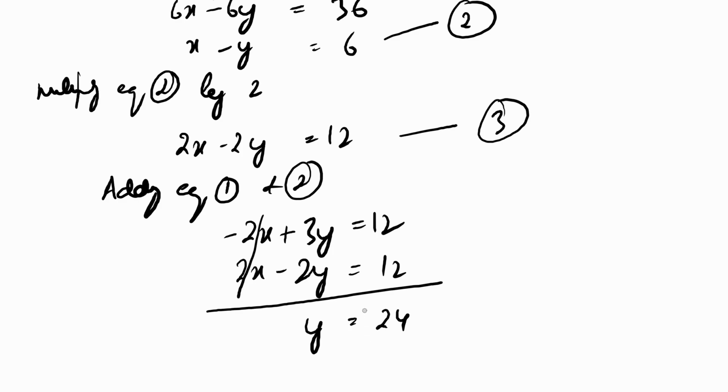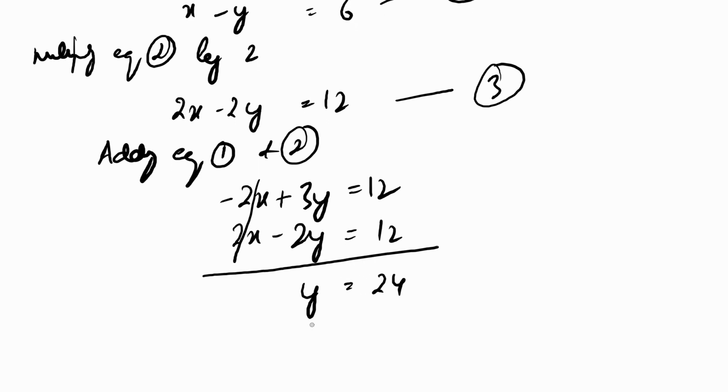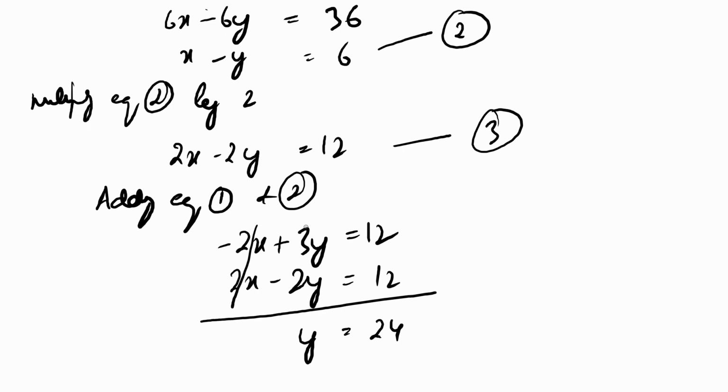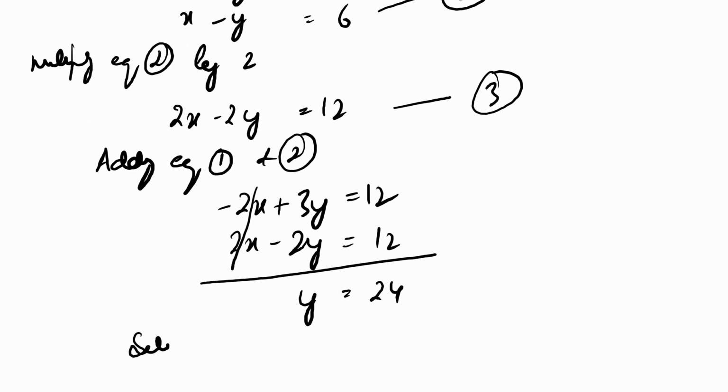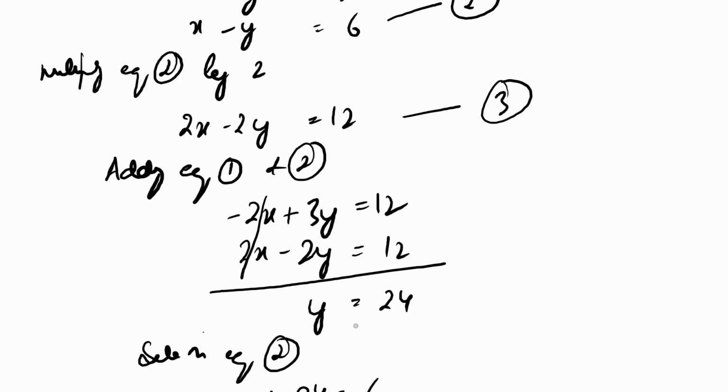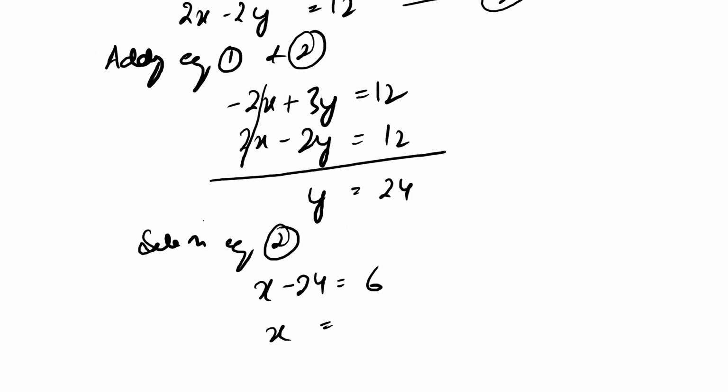When I put y is equal to 24, substituting in equation 2, x minus 24 is equal to 6. So x will become 30. So what was x?